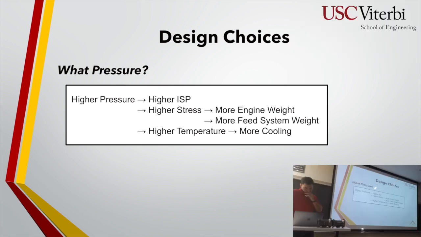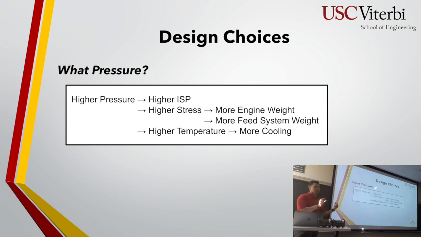Okay, yeah. So in terms of what pressure to operate at: if you have a higher pressure, you have more potential energy, right? And so you'll be able to ultimately convert more energy into kinetic energy, which is going to give you more thrust. It will give you a higher ISP because it'll be more efficient when you combust things as well. But by having a higher pressure, now you have more stress.